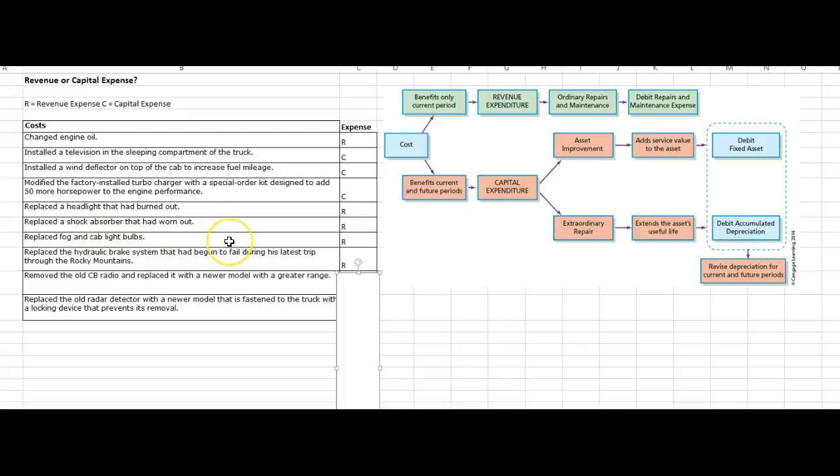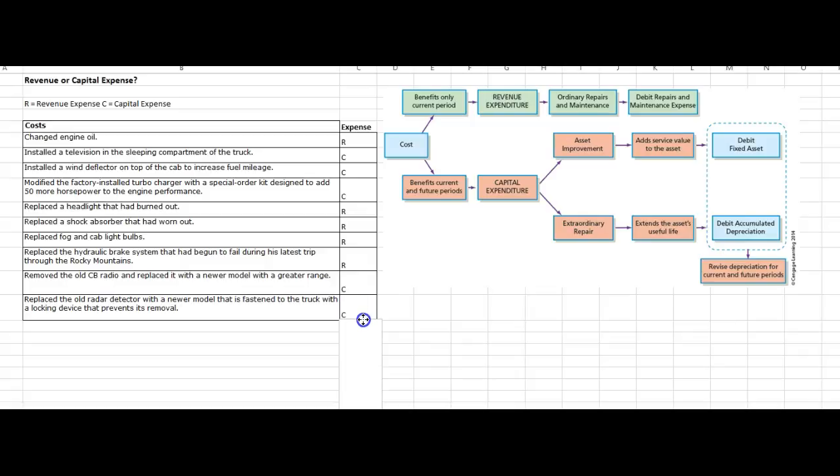Now, if I'd put new lights on it and increased the value of it, I would probably capitalize that. There's a difference. Here's a hydraulic brake, and then I removed the OCB and replaced it with a newer model. They're saying that would be a capital because it has a greater range and it will stay with the vehicle.